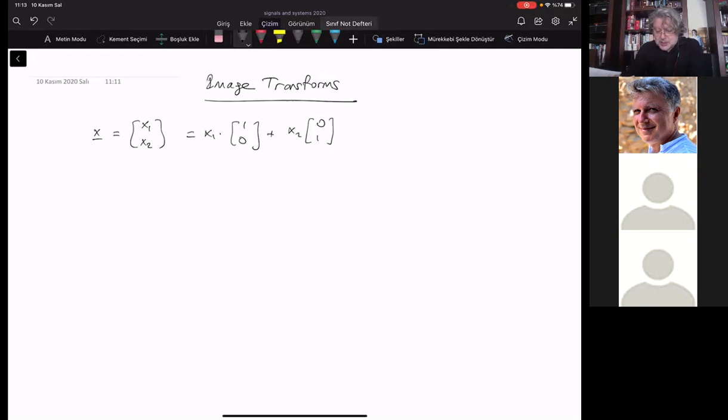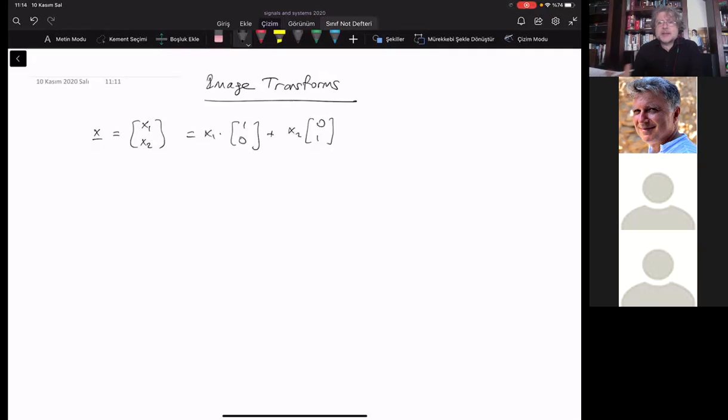So this representation helps us to come up with two numbers, x1 and x2. But they are actually corresponding to a representation on a frame that is expressed in terms of two basis vectors.